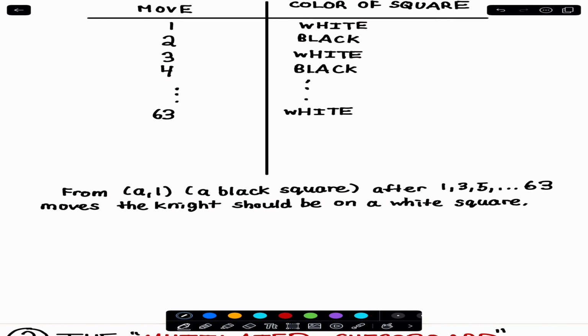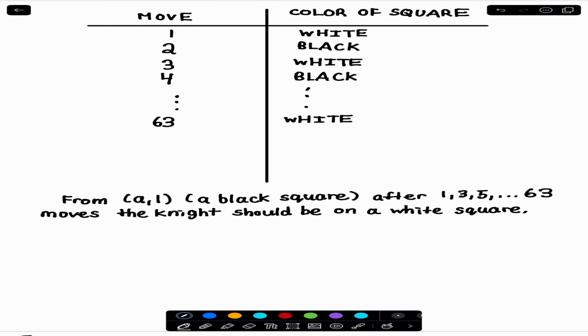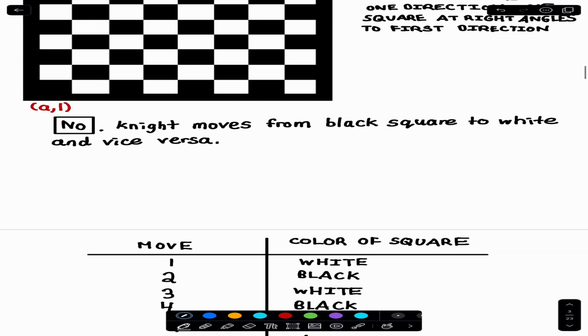See, I'm getting confused, but hopefully you caught that mistake before I did. Anyways, after 63 moves, the knight should be on a white square, but h comma 8 is black. This is not good, and this is where our contradiction occurs. Great.